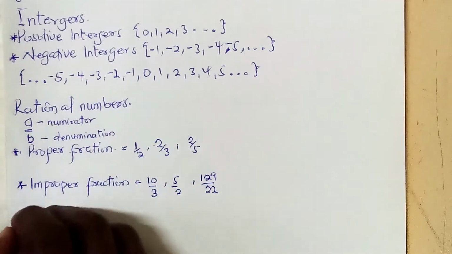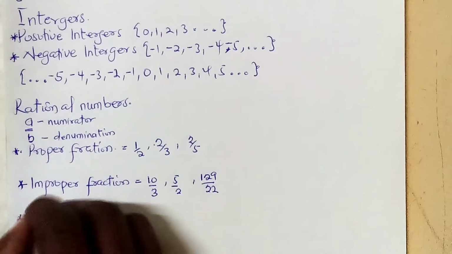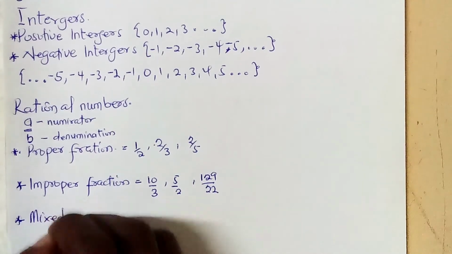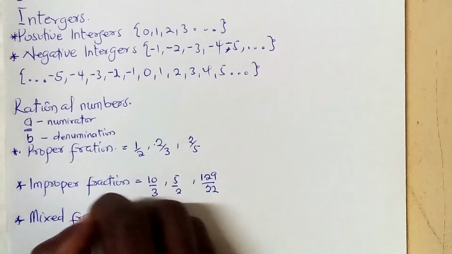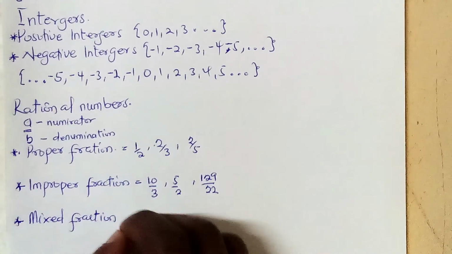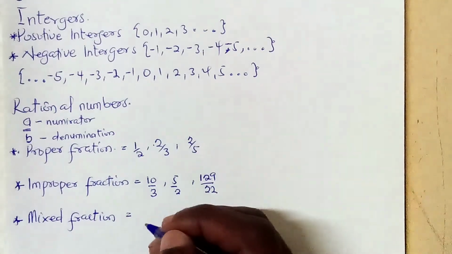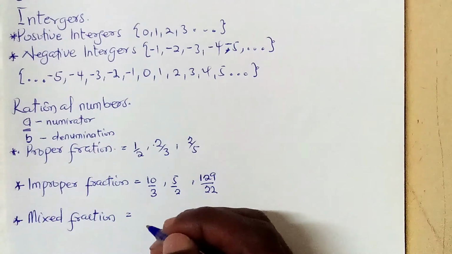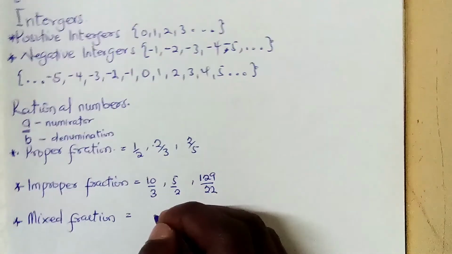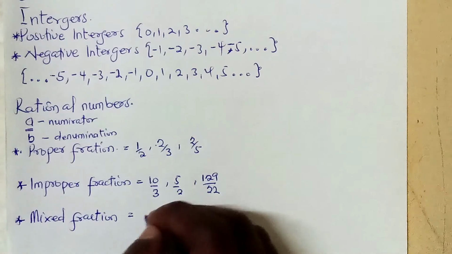We also have mixed fractions. A mixed fraction is the changed form of an improper fraction, where we are bringing in a whole number, a natural number.